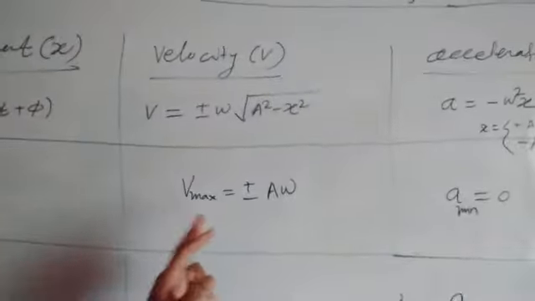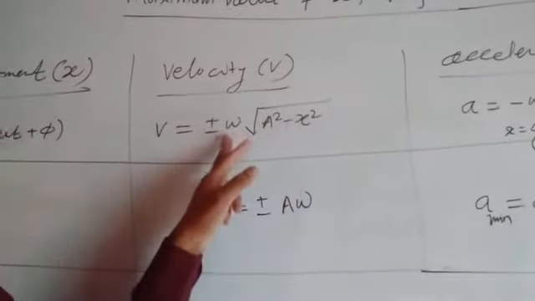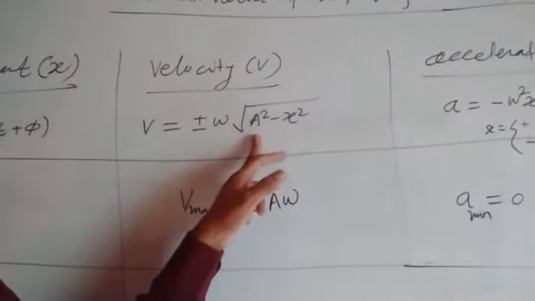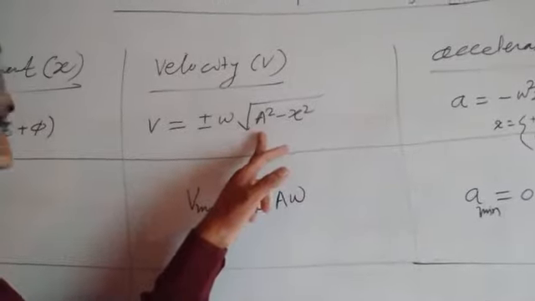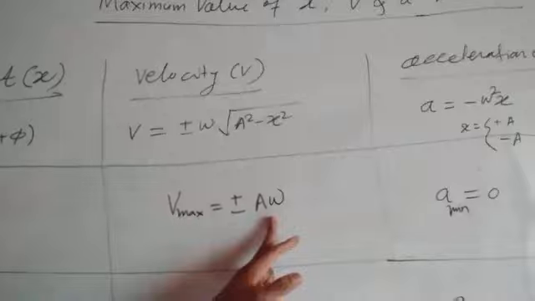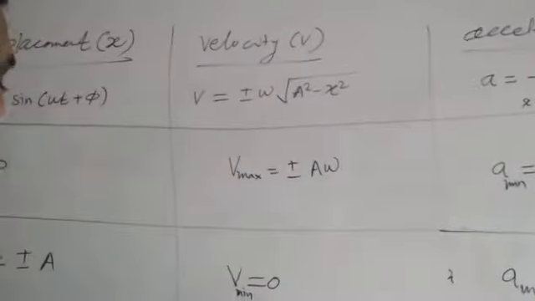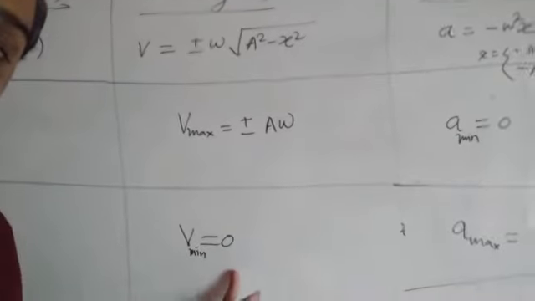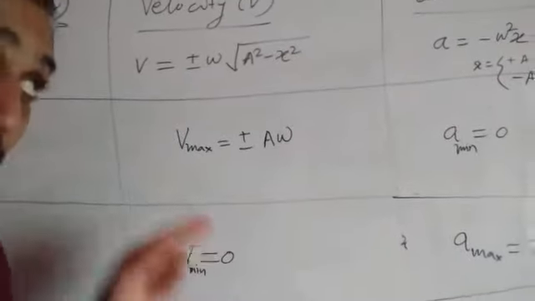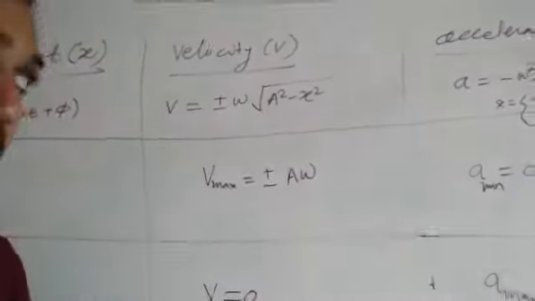Velocity is maximum at what? Mean position. So at mean position, x equal to 0, put it here. So omega into square root of a square is omega a, that is said to be plus minus a omega. At extreme position, the velocity is 0, because it goes positive, comes back with negative. So it is 0 at the extreme position.